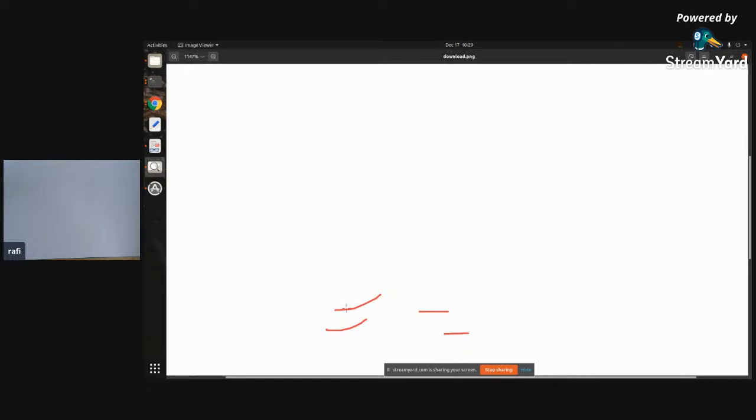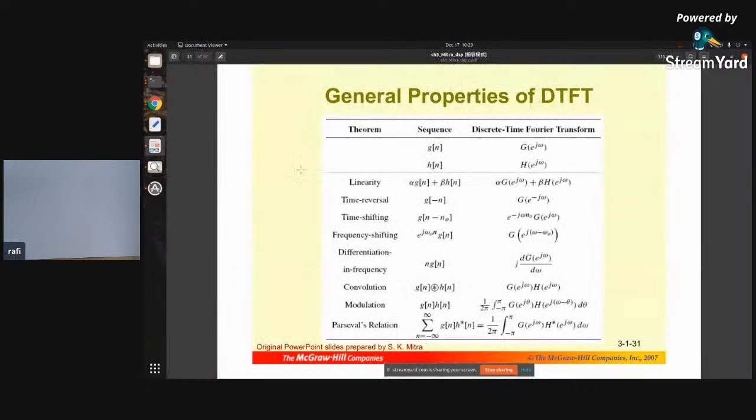We'll do this in the next class by defining correlation also, so that we'll get some more intuition of what energy spectral density is. We'll stop at this point, and in the next class we'll see an example problem for each property.